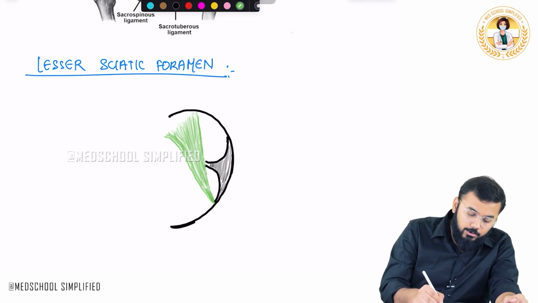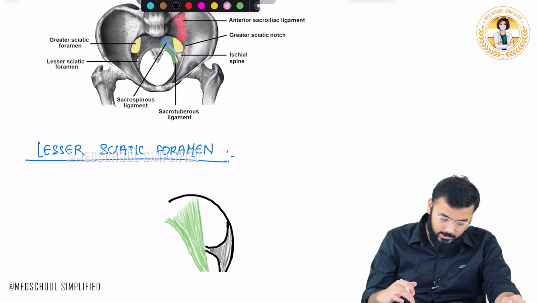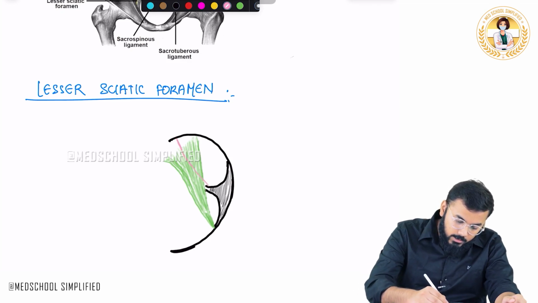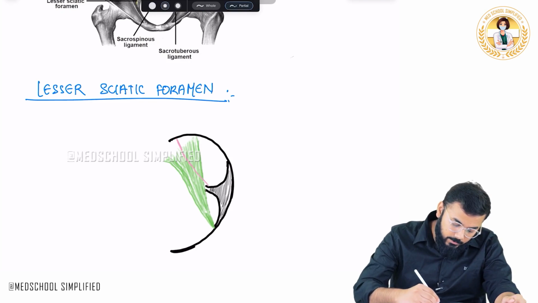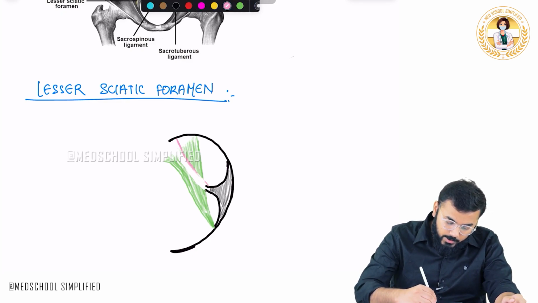Now above this sacrotuberous ligament, you have another ligament I told you about, called the sacrospinous ligament. This particular ligament which I am drawing right now, which is occupying the space in front of the spine, is your sacrospinous ligament.